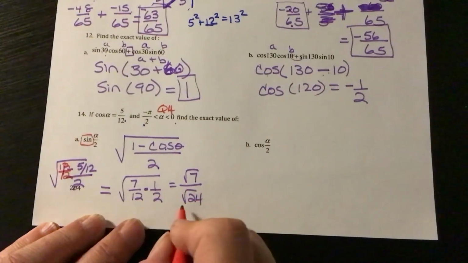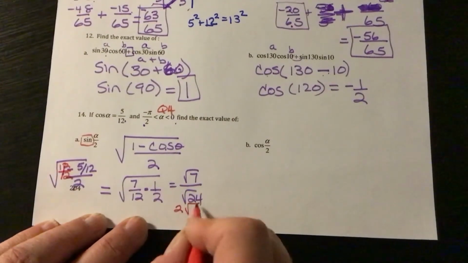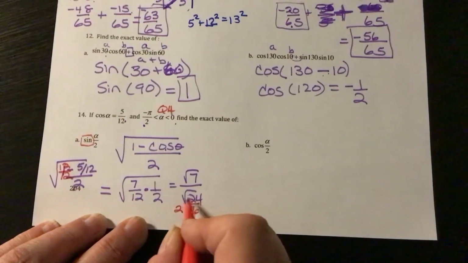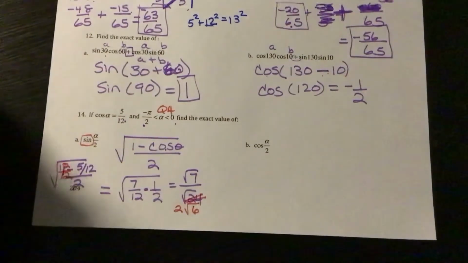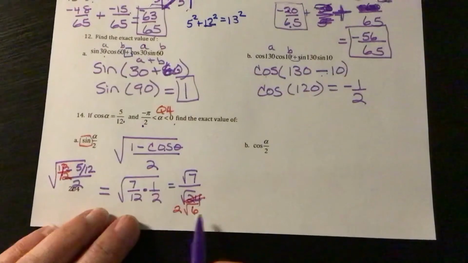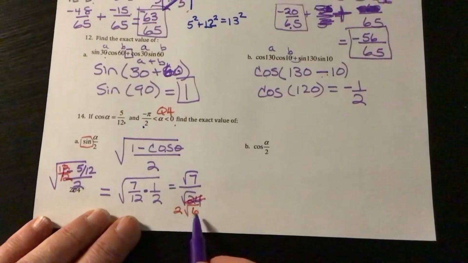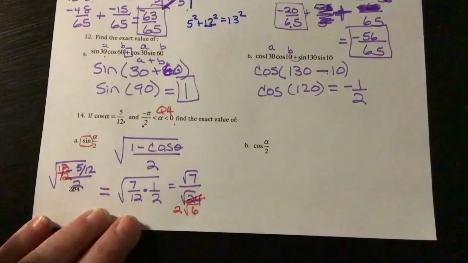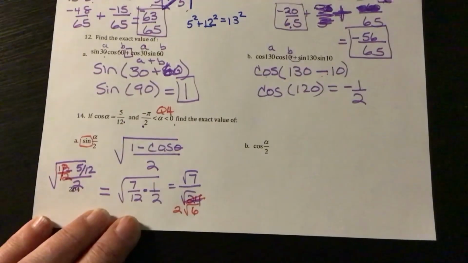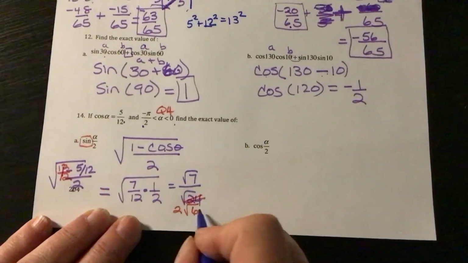So the square root of 4 is 2, and then I have the square root of 6. Now to get rid of the denominator square root, I need to multiply by the square root of 6 on top and bottom.